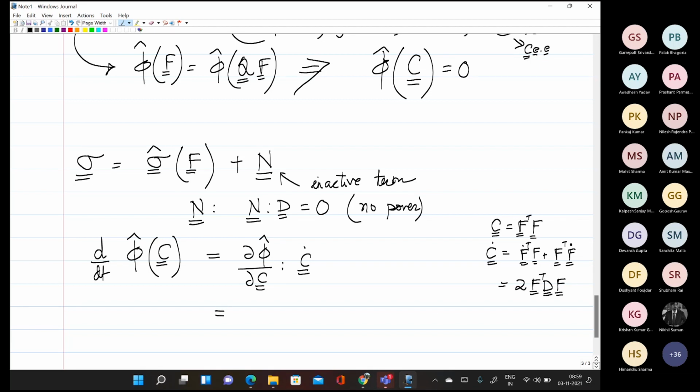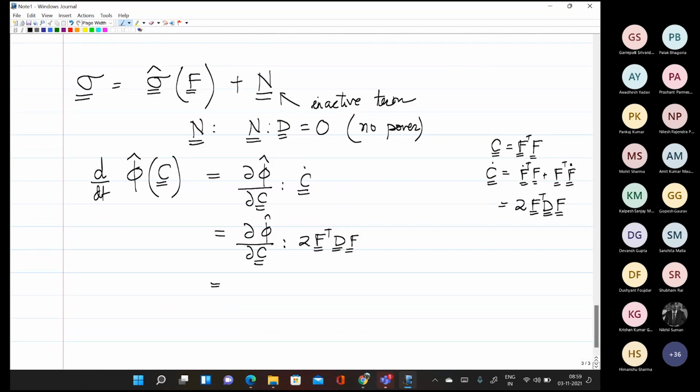All right, so you can then rewrite it as del phi hat by del C double contraction 2 times F transpose D F. And this you can further write, if you use indicial notation, as 2 times F into del phi hat by del C into F transpose double contraction D. Okay, and since phi hat of C is equal to 0 all the time, its d by dt should also be equal to 0 all the time.